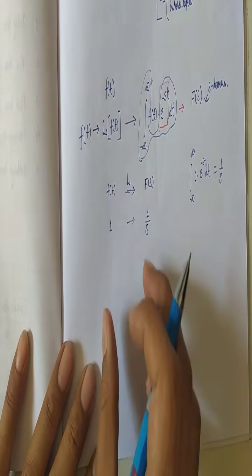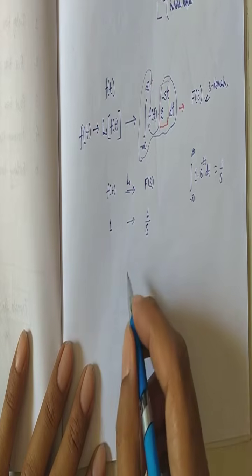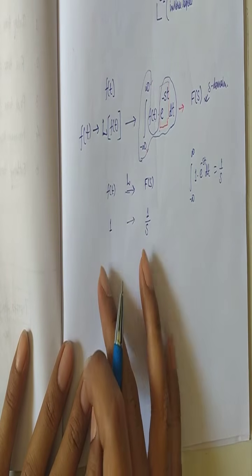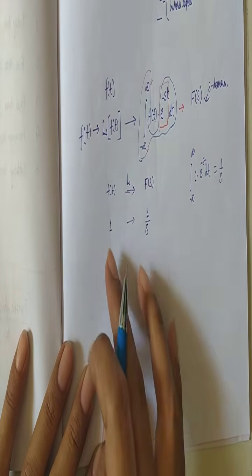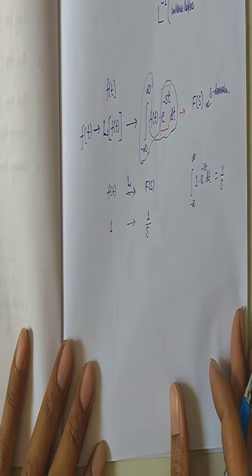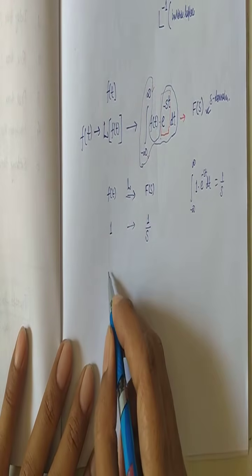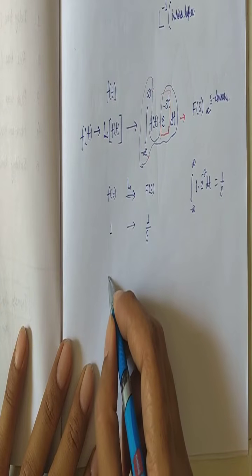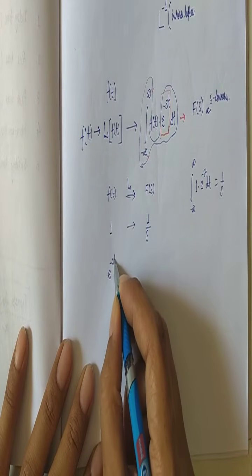So these are the well-known functions which will be widely used in our subsequent lectures. Another example is e to the power minus at in the time domain.